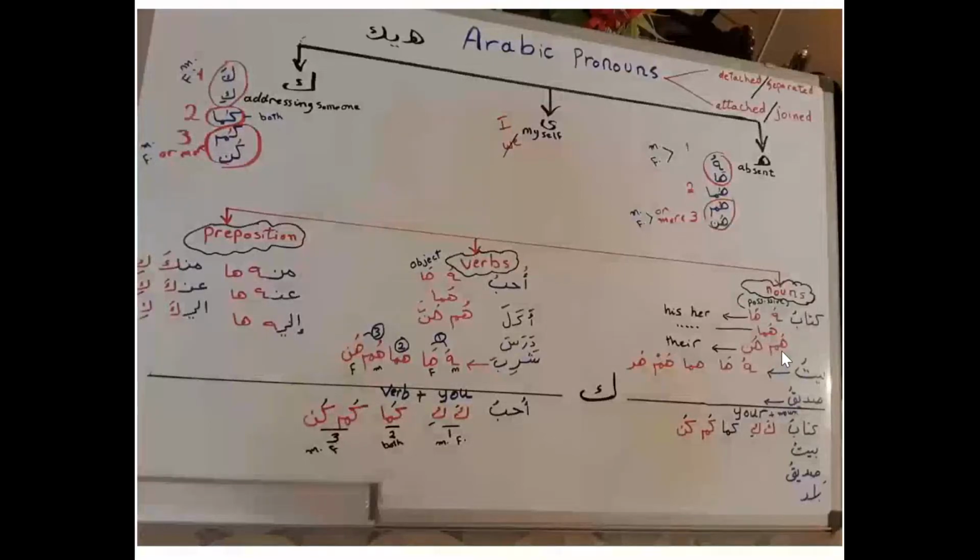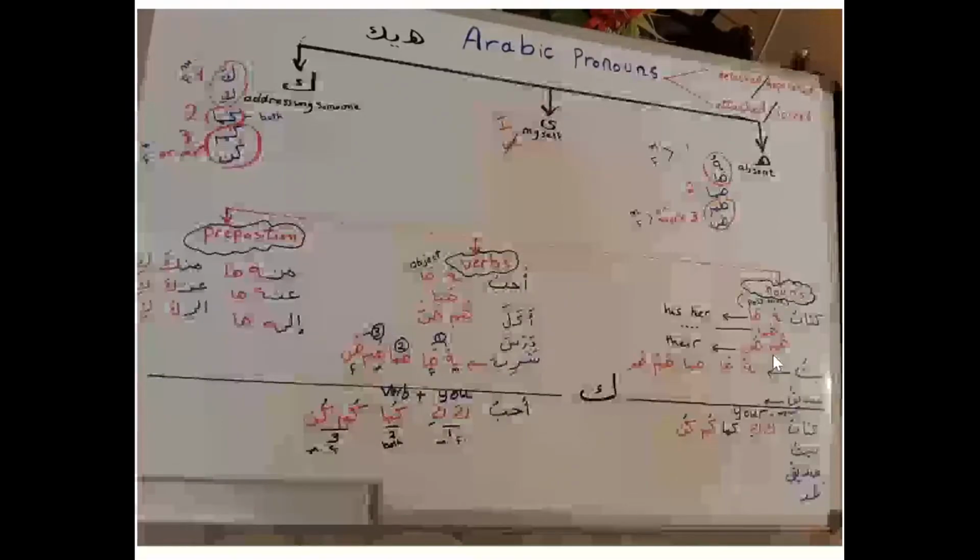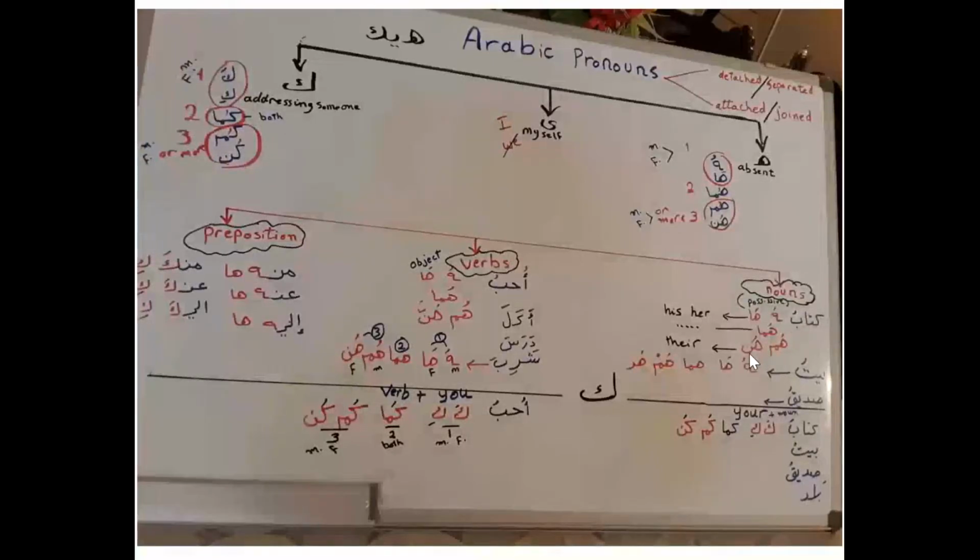So we say كتابهم, كتابهن. Their book is the same for male and female in English, but in Arabic we have a different pronoun for the male and for the female.